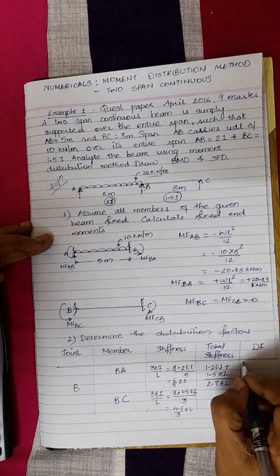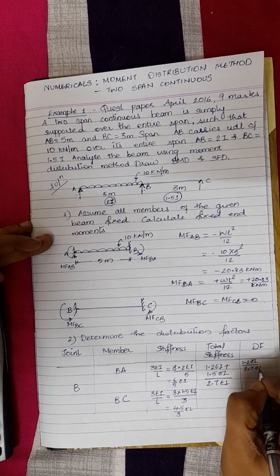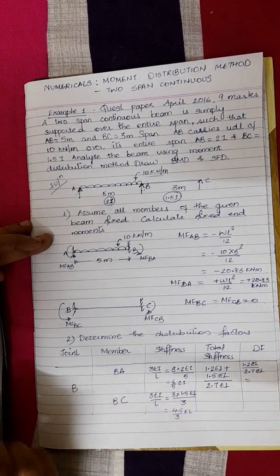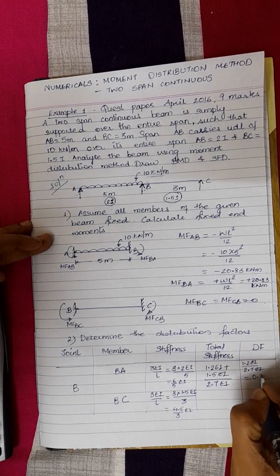Now 1.2 EI divided by 2.7 EI is equal to 0.44.